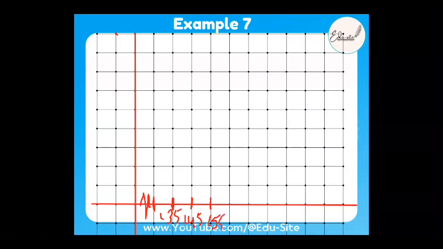Then 155, 165, 175, 185, 195, 205. Now tell me what frequencies you will write on the y-axis. Because the graph goes till 20, we can write from 2: 2, 4, 6, 8, 10, 12, 14, 16, 20.